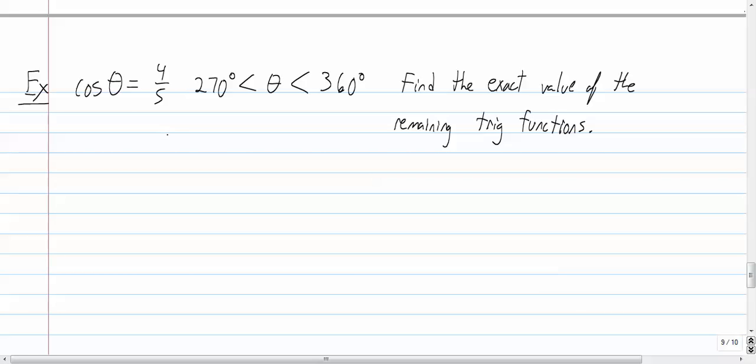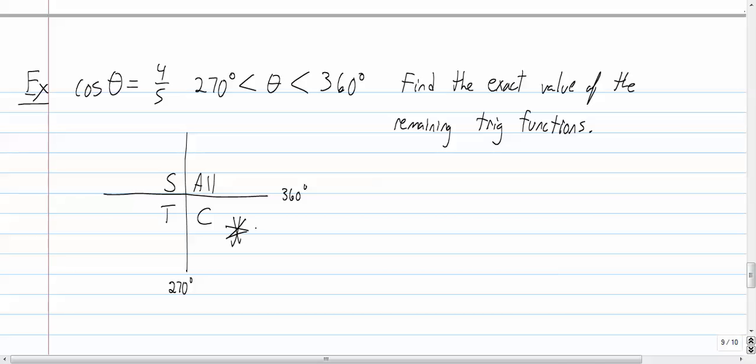The first thing I would suggest doing, just in case we mess up a positive or negative sign, is to figure out where the angle measure is located. If it's greater than 270 degrees, which is on the negative y-axis, and less than 360 degrees, which would be one complete revolution, then we are in the fourth quadrant.